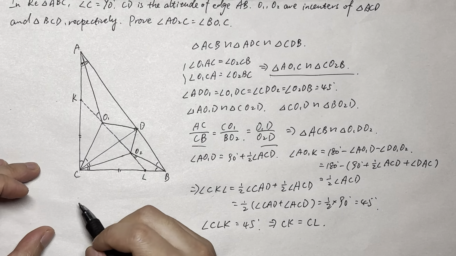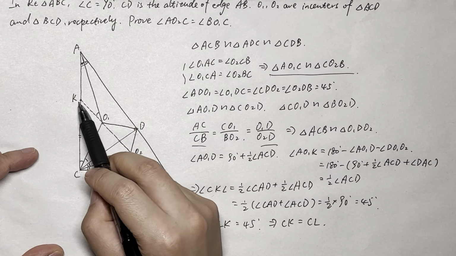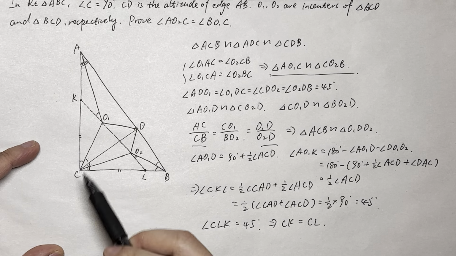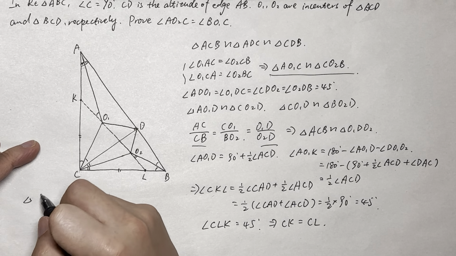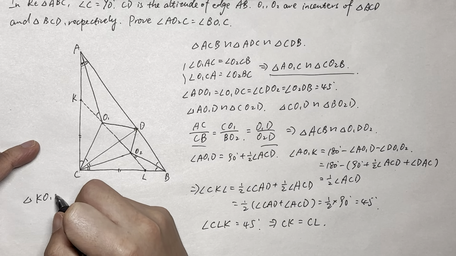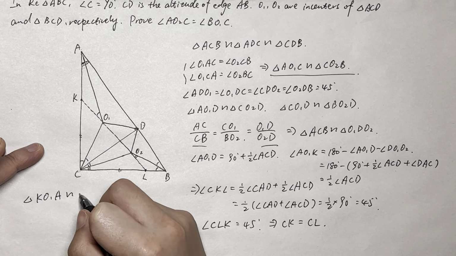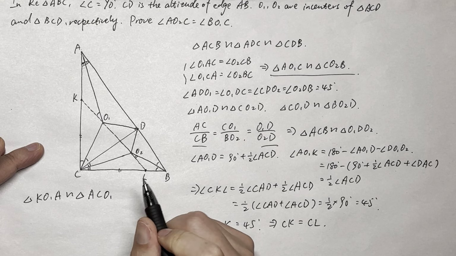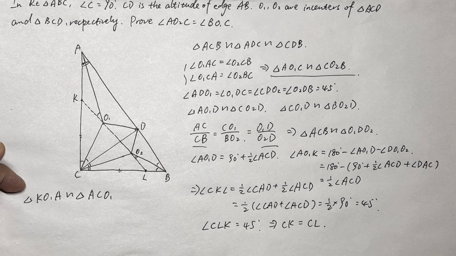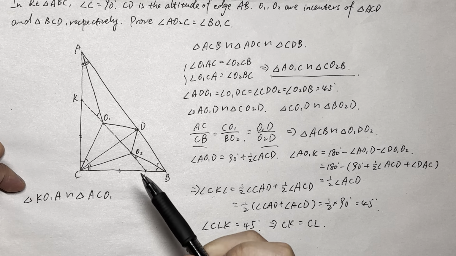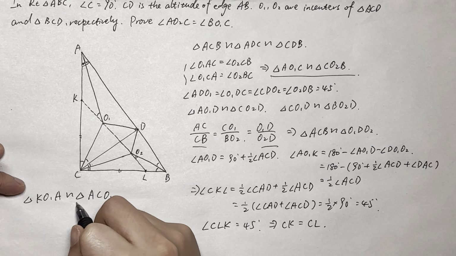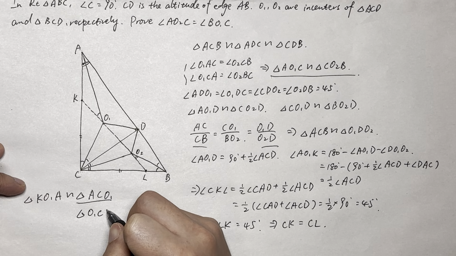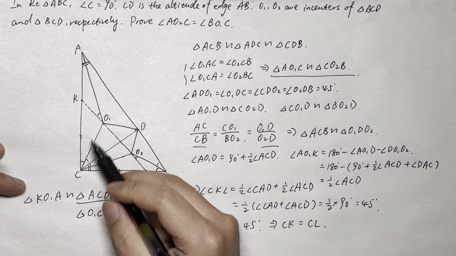Also, because the angle KO1A equals to angle KCO1, so we know that triangle KO1A is similar to triangle ACO1, right? Or let me write this. Triangle KO1A, O1CA.